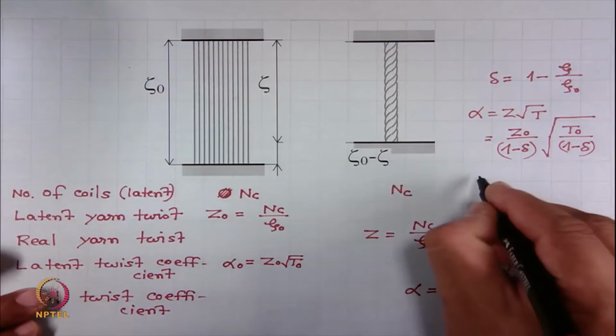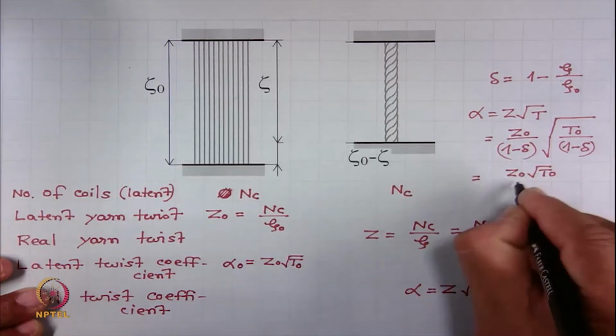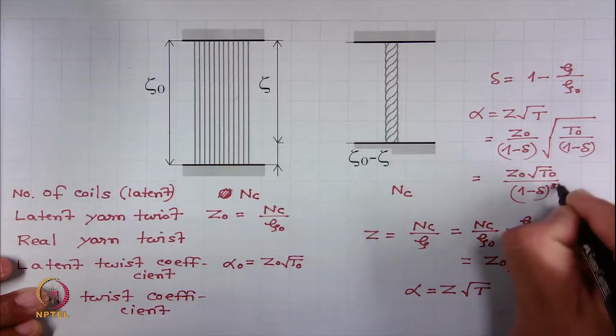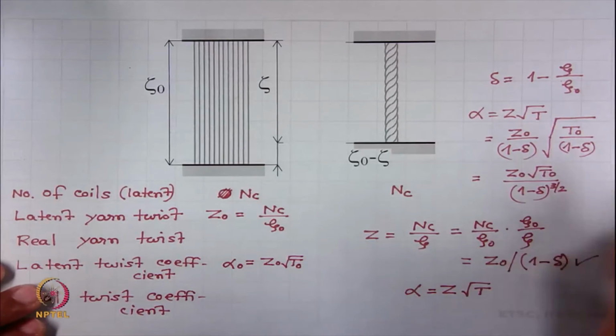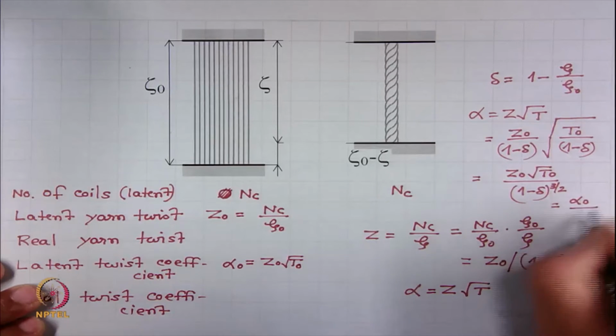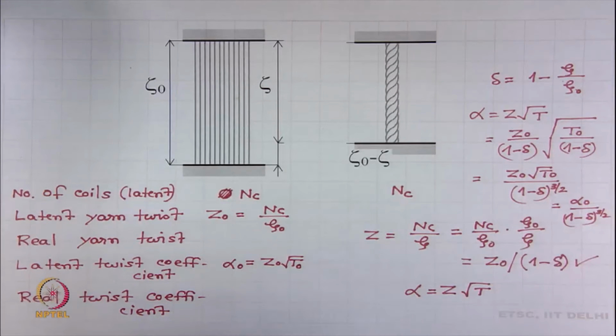So, Z naught T naught (1 minus delta) to the power 3 by 2. So, Z naught T naught is equal to alpha naught (1 minus alpha) to the power 3 by 2. Right.